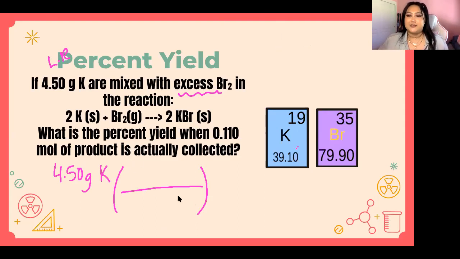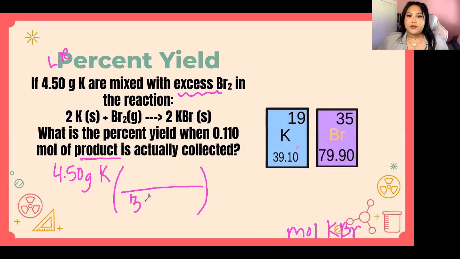What do we convert that into? Because it's not the product, right? It's not KBr. So we have to convert it all the way to moles of KBr. Yeah, exactly, Vivian. So we have to convert this first into moles.